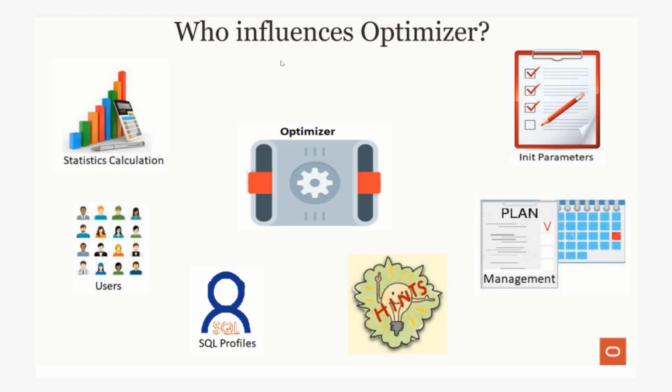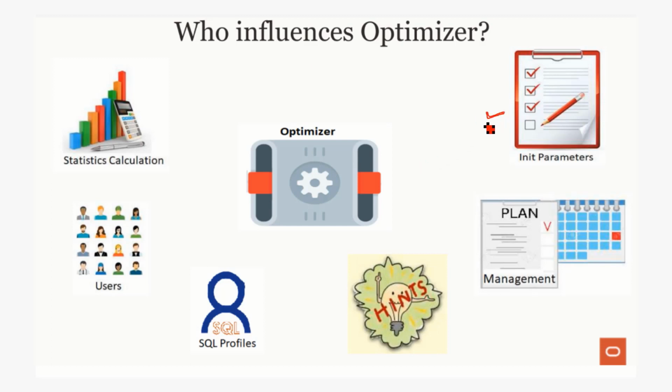Number one is statistics calculations. Remember, if the statistics of the table or data are wrong or incorrect, then the optimizer will select bad plans. So always try to gather statistics every point of time. Second, depending on users, the optimizer can be misguided. Third is init parameters, the parameter files.